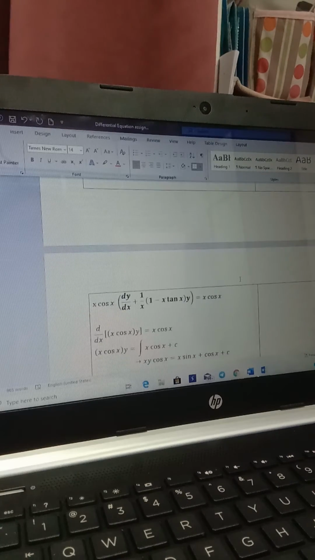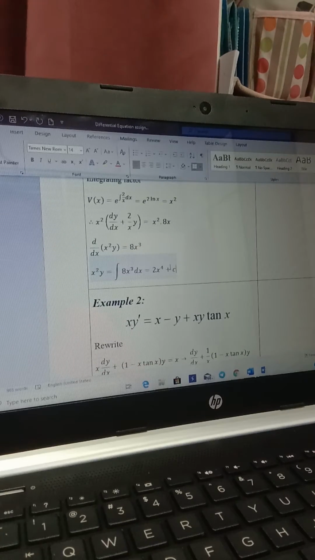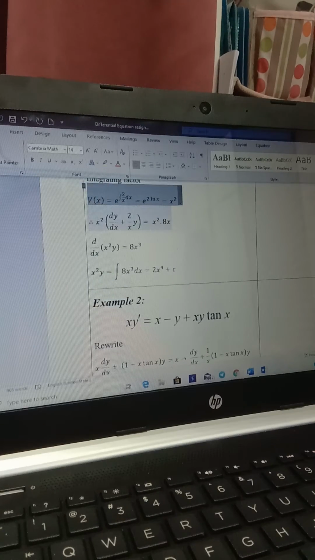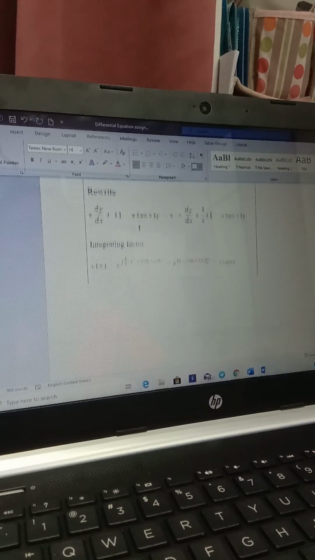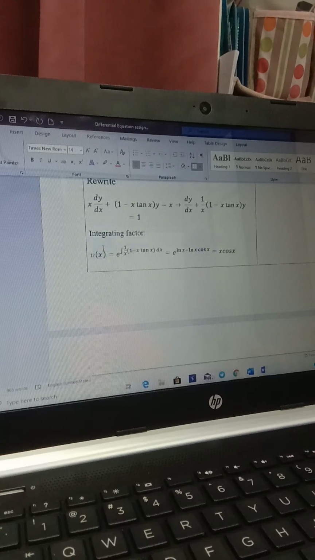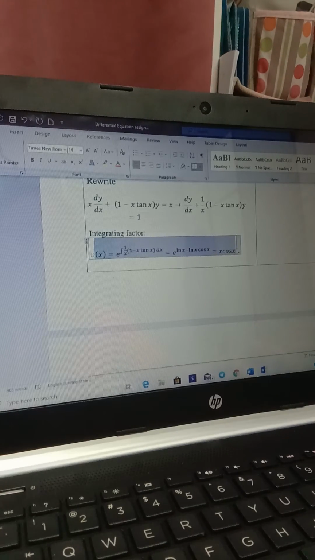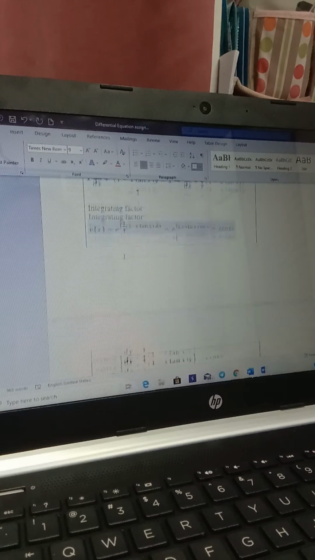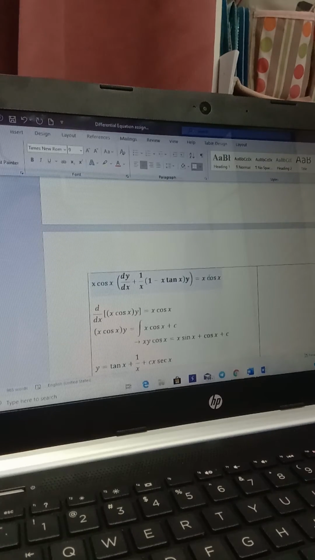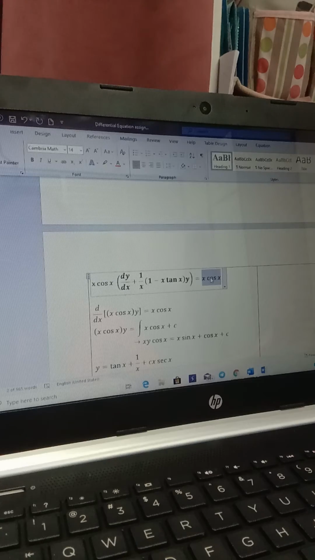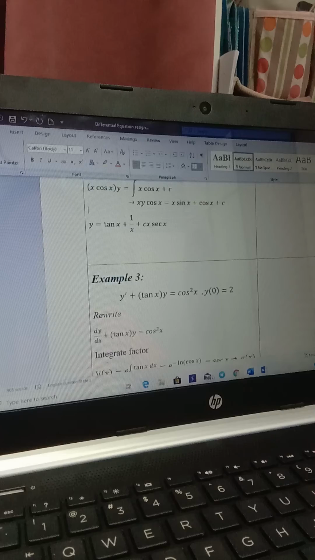For this method, at the first place I didn't understand why I needed to multiply by x squared, but now I understand it. Anything I get from the exponent, I will multiply by it, not only x squared, but it can be many things to multiply, such as 1 over x.